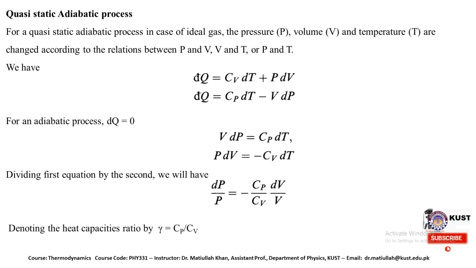If we consider that the ratio between heat capacity at constant pressure and heat capacity at constant volume is represented by gamma, that is a constant quantity, the same equation could be modified like that: dP divided by P is equal to minus gamma dV divided by V. So this is what we got, and we need to move forward for the integration once we know the ratio between Cp and Cv.